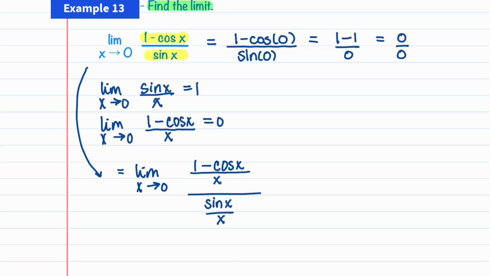So it's just like multiplying by 1. You can see then that our top limit, 1 minus cosine x over x, is going to go to 0. So let's just put an arrow here. That goes to 0. And then our limit on the bottom is going to go to 1. So we'll say that goes to 1. So our answer is 0 over 1, which is 0. And that's what our limit equals.